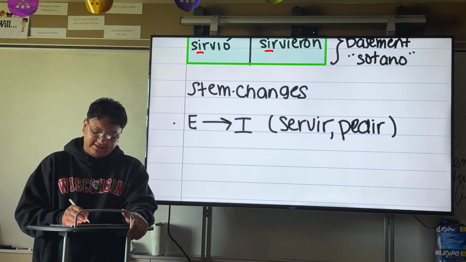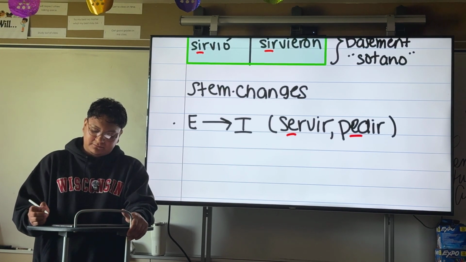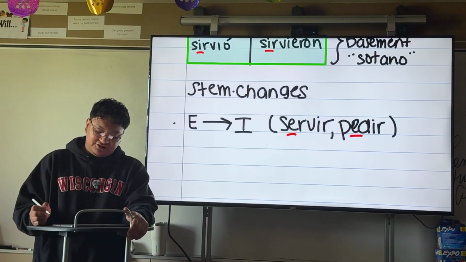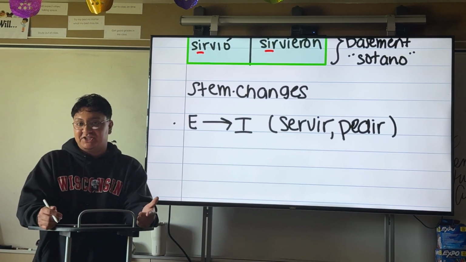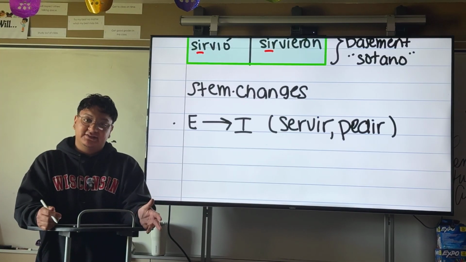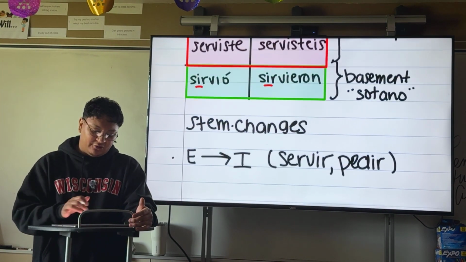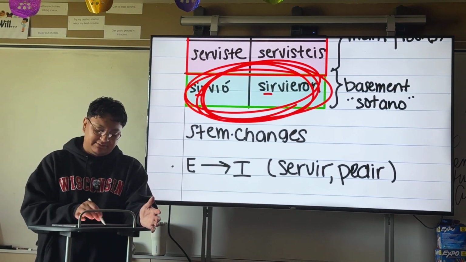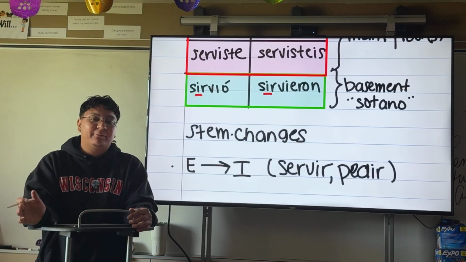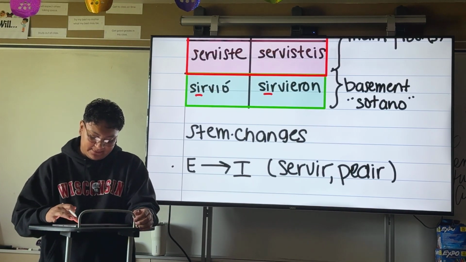Okay, so there's E's here, as you can see, E and E. We need to renovate it when we use the pronouns él, ella, usted, ustedes, ellas, ellos, or this bottom row right here. That's the only time we're doing stem changes. If it's any other pronoun, we do not touch it. We do not renovate. Sounds good?